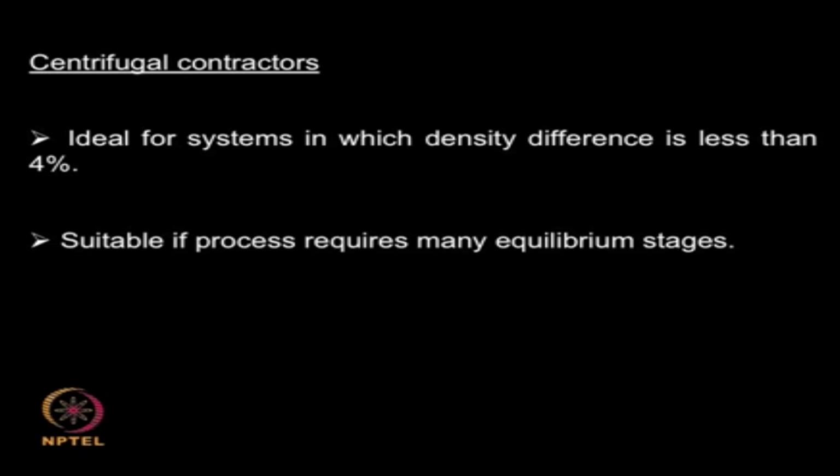So, 3 different types of equipment, each one has advantages and disadvantages, and nowadays general industries move towards either a column type of approach or a centrifugal contactor, unless they just want to do one single extraction process where they may go for a mixer settler.